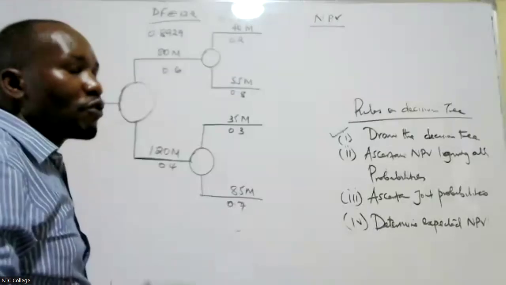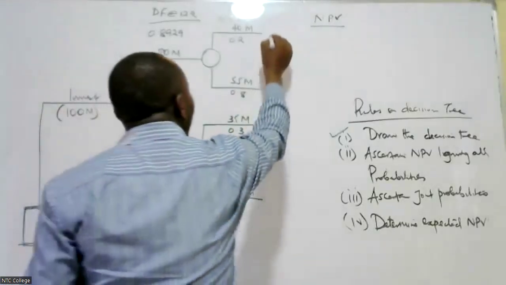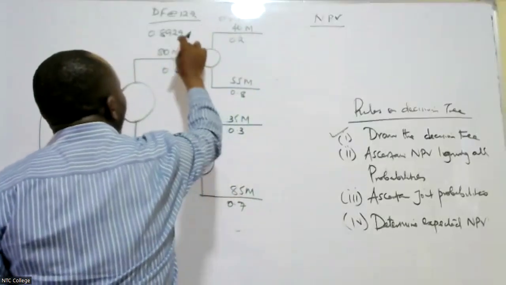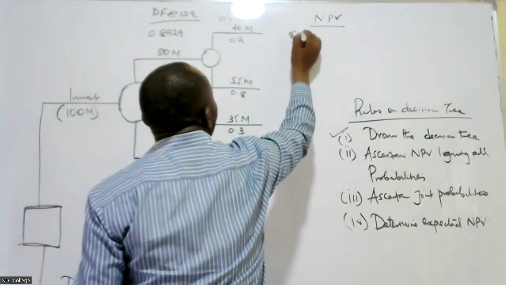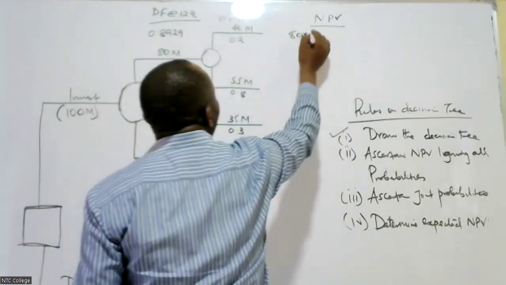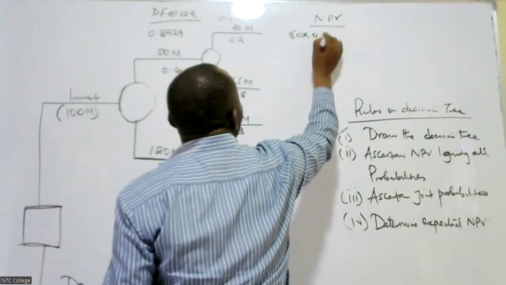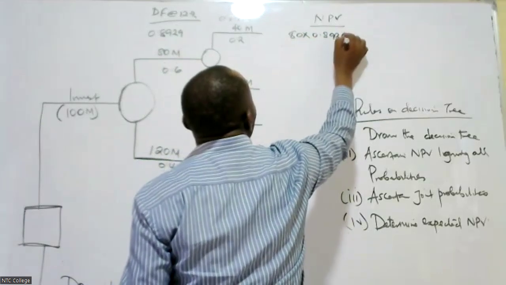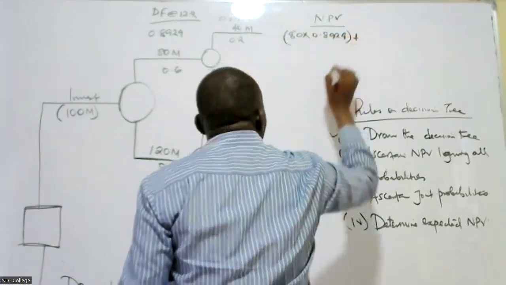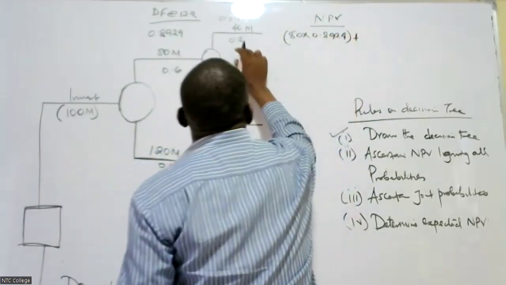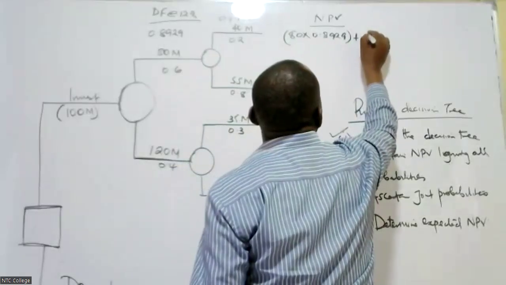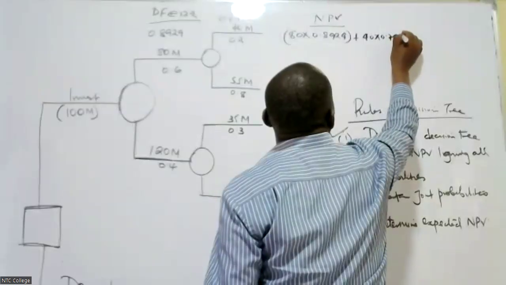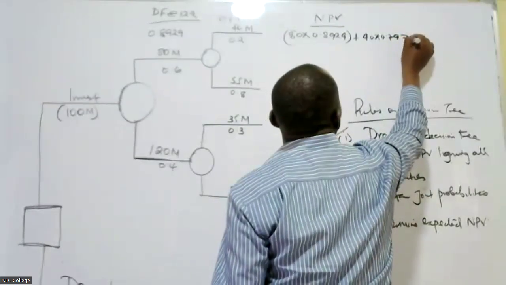Now, this one you go root by root. This one is root number 1 here. Take the first cash flow, which is now 80 times the discounting factor 0.8929, plus this one, 40 times 0.7972.